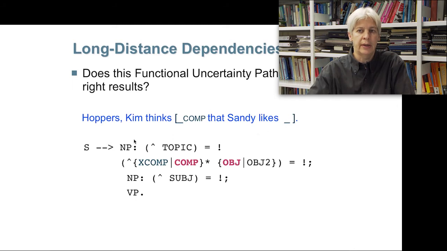So we have that information, and we have the information that Hoppers here could be any of these things. It's going to be the object, that's what we're missing, and it's embedded in a comp. So our functional uncertainty path will be this. It'll be comp object, and that's what describes the grammatical function of this. It's an object of the sentence's comp. Okay, so that one works out well as well.